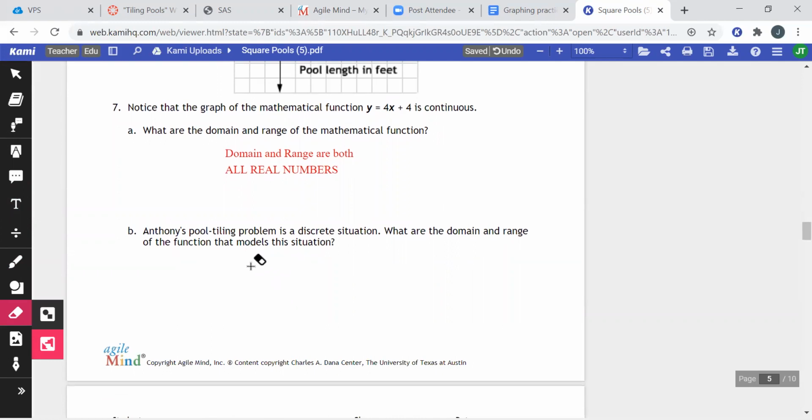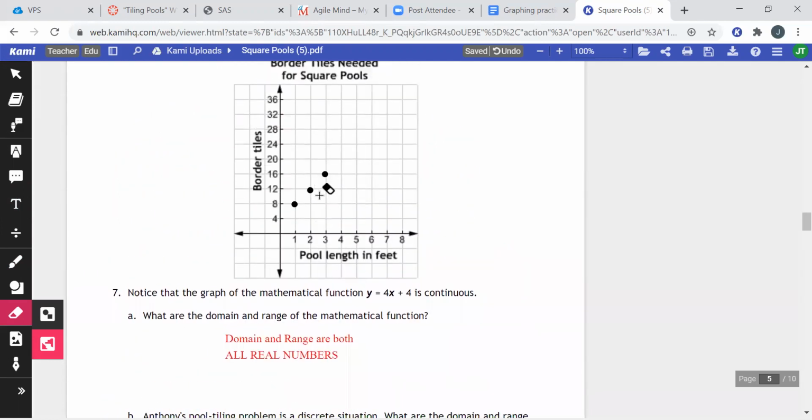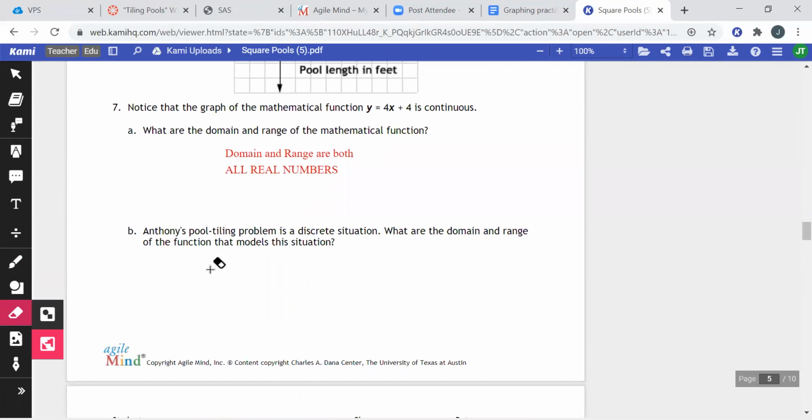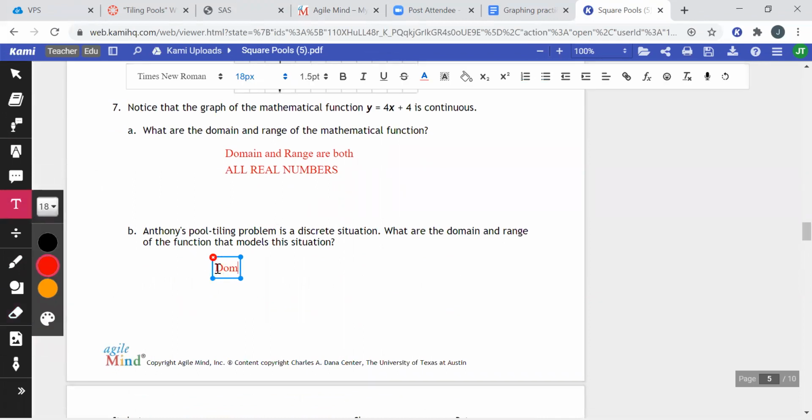Now, in Anthony's tiling pool situation, he doesn't deal with fractions of squares. We're not having 2.5 foot long pools or 4.25 foot long pools. We're only having counting number pool lengths. So that means his domain is, you could say, positive integers.